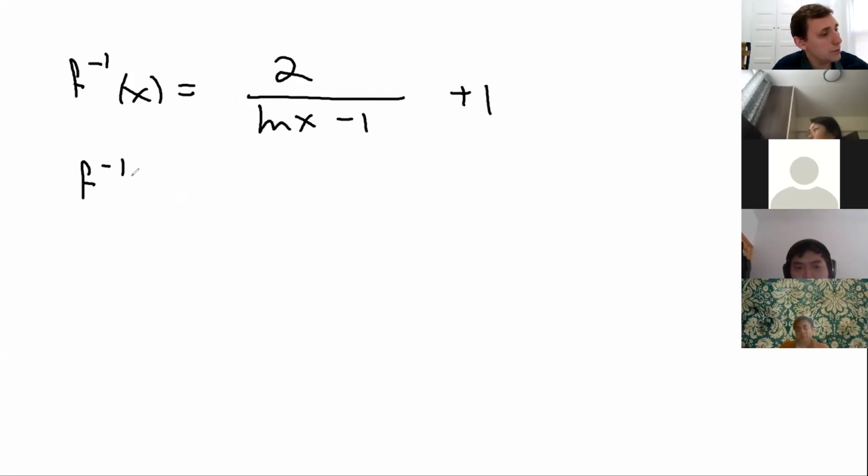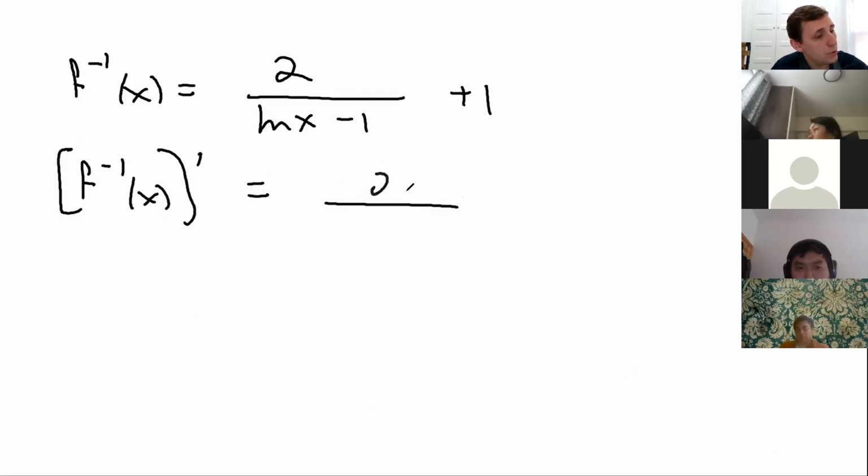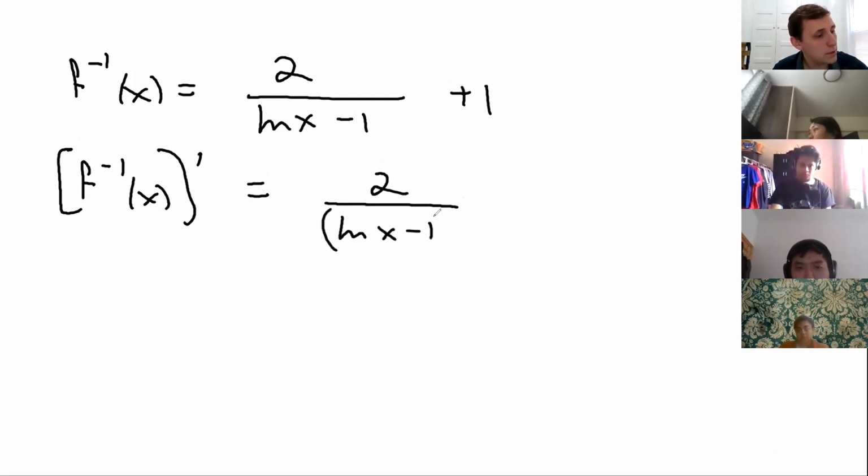So the derivative of f inverse x would be 2 over ln x minus 1 squared, with a minus here, times the derivative of ln x.